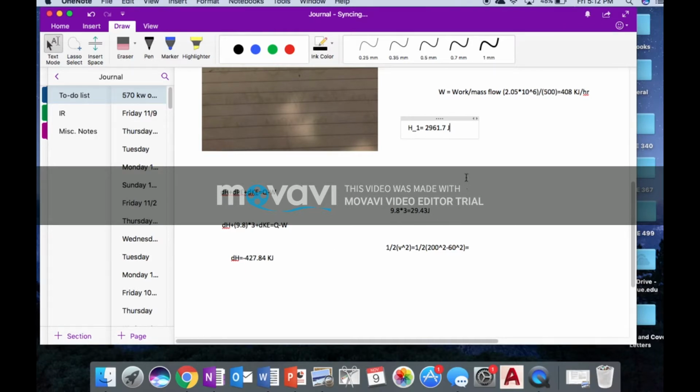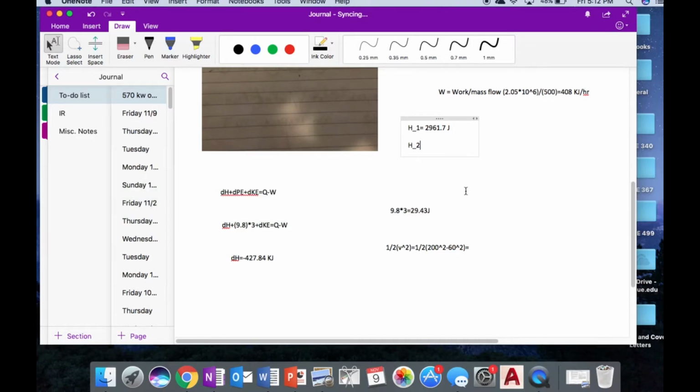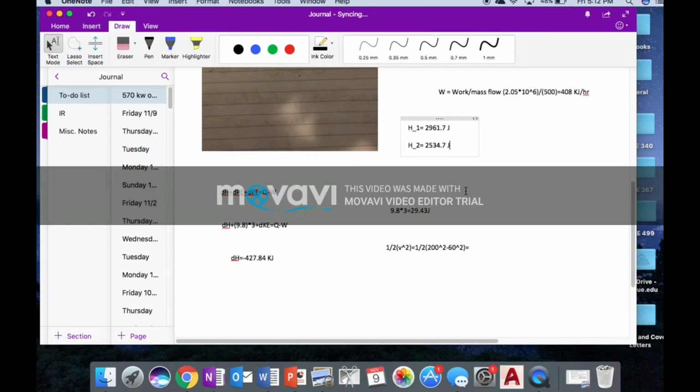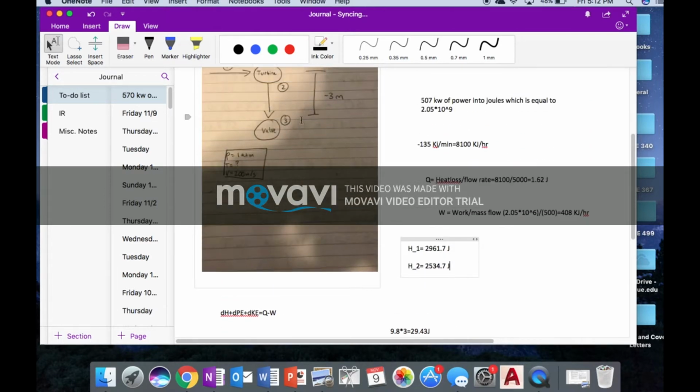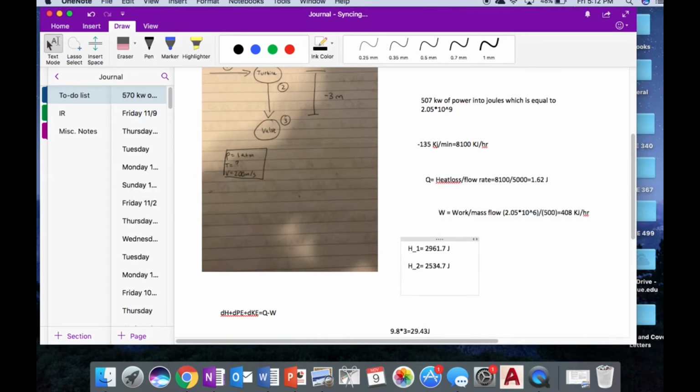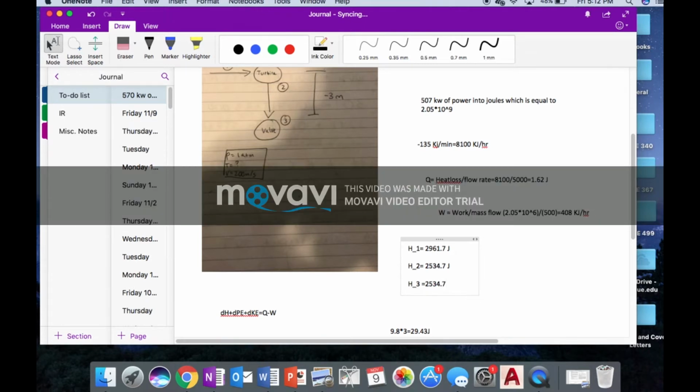But now, since we have a delta H, we can find H sub 2, which happens to be 2,534.7 joules. And that is your enthalpy at point, I guess you'd call that point 2, so right in here. And then at point 3, my partner helped me understand that this system was an isothermal system, so there's no work done on the system, or no Q done in the system.